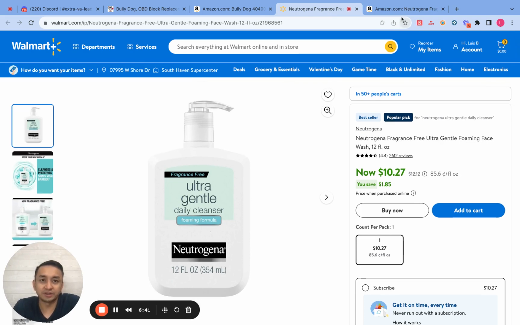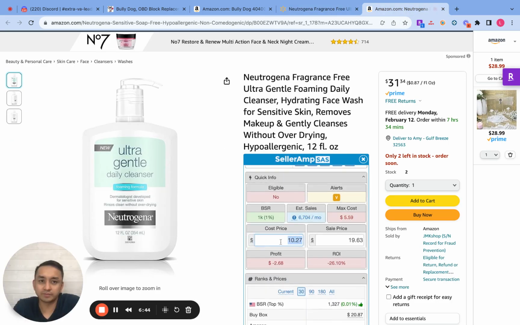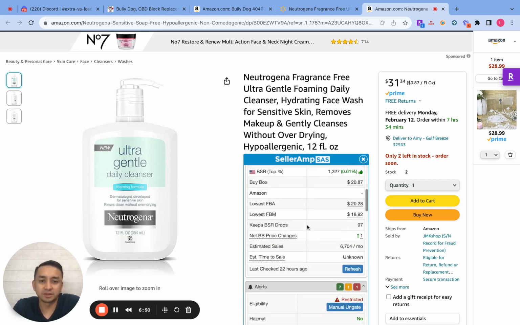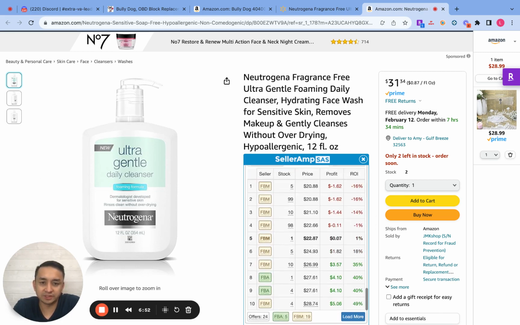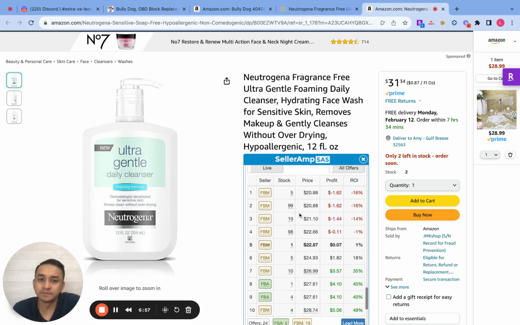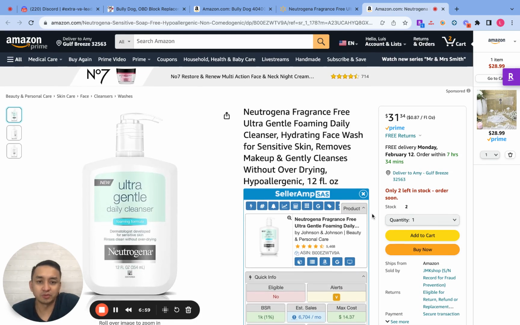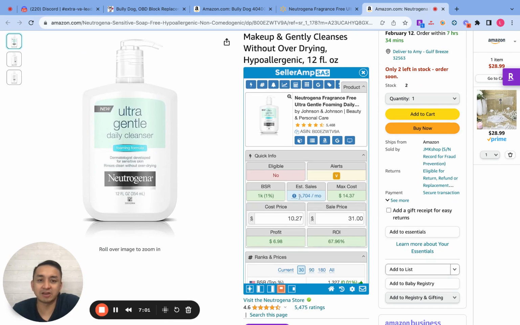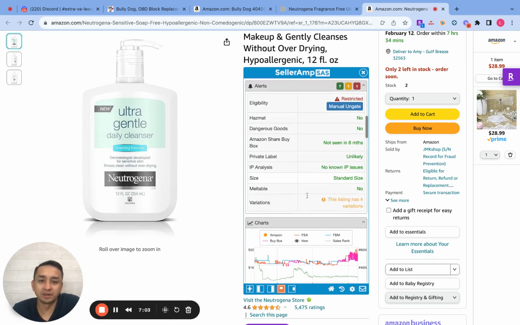Price is $10.27. Current buy box is 31. I just want to see other sellers. Wow, it's interesting too. Okay, so let's run the numbers. This one is selling at 6,700 times a month.